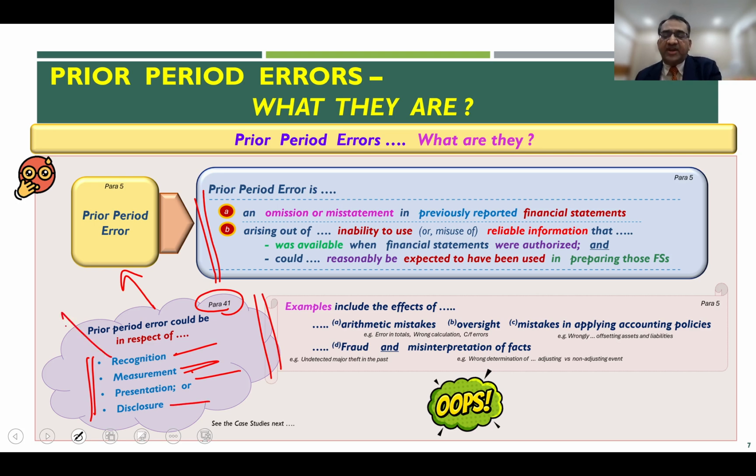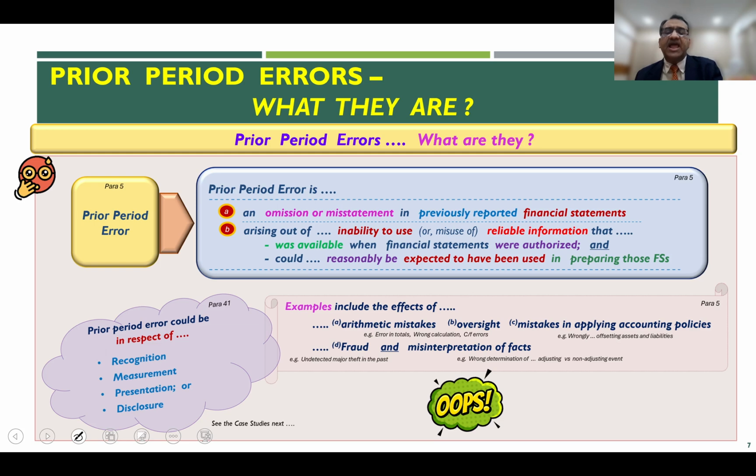Whether you should have recognized something or not, if that is in error, that is also a prior period error. Likewise, measurement, the quantum, at what amount you should have recorded something. If the amount quantification is wrong, that is a case of error on account of measurement of the particular transaction involved. Likewise, presentation and disclosure.